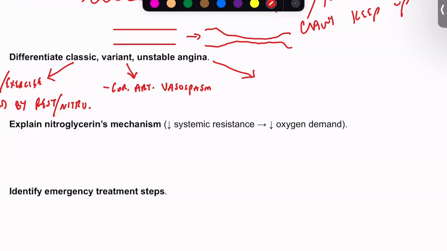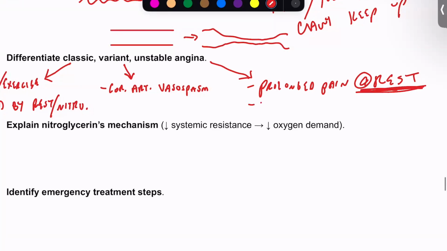Then lastly, we have the unstable angina. What's most important about this is that you have prolonged chest pain, but the most important thing is that it's at rest. This usually indicates impending myocardial infarction, so not good. And this is actually considered to be part of what's called acute coronary syndrome.